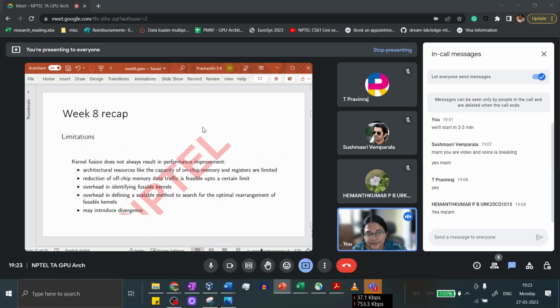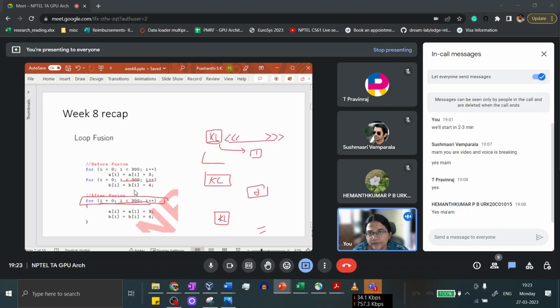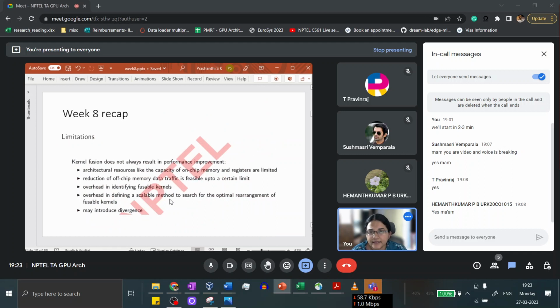So anytime you say that something will be better because of XYZ, you should think of both sides of the coin. From a software perspective, for instance, here we only spoke about the program, the code. From a software perspective, fusion made sense, but from a hardware perspective, does it make sense?